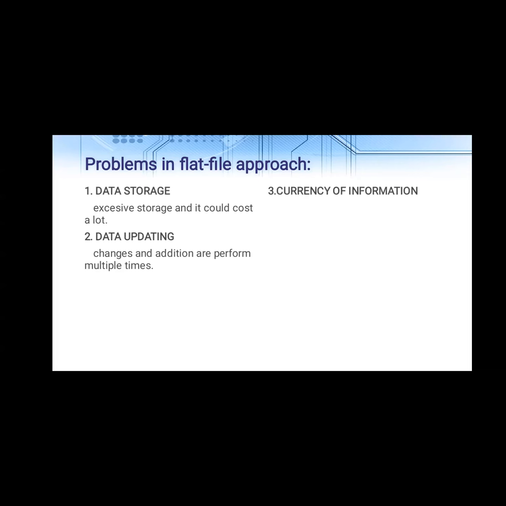And then the third problem is currency of information. Problem of performing multiple updates is the problem of failing to update the files of all users affected by a change. So alam naman natin na sa mga users, since hiwa-hiwalay sila, kapag mag-update, magkakahiwalay din. So for example, may times na accidentally hindi na i-update yung isang file.